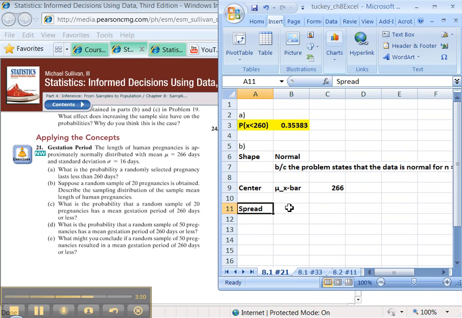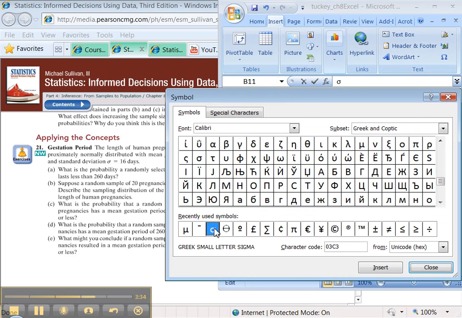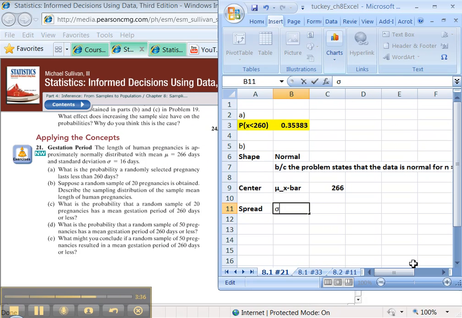Now what really gets dicey is the spread. Spread is, let me insert the symbol here, the sigma for the X bars. It is no longer called the standard deviation. It's going to be called the standard error. Standard error is how far apart the groups of size 20 are from each other.